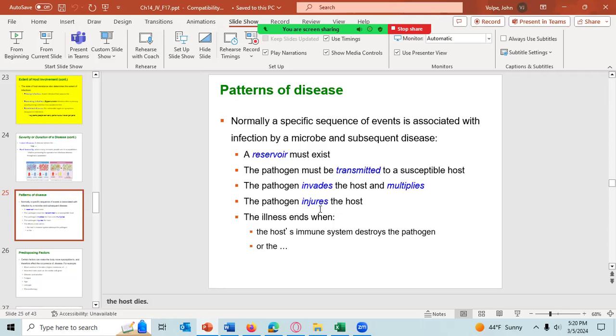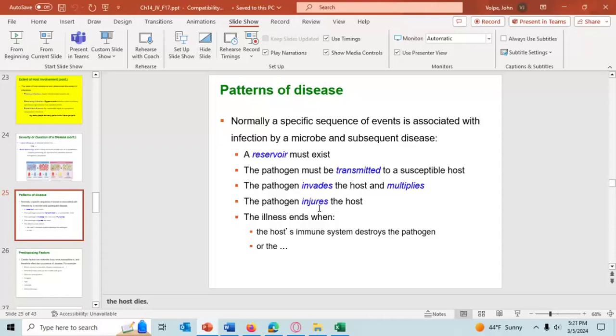The illness then will end when one of two things happen. One, the host immune system destroys the pathogen, and then the disease ends. Or two, the pathogen kills the host, and then the disease ends. I suppose you could have a disease which never goes away, like HIV and some AIDS patients.